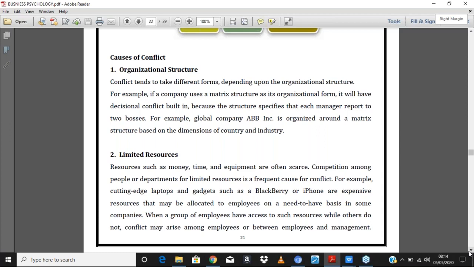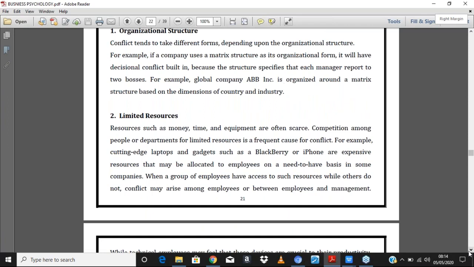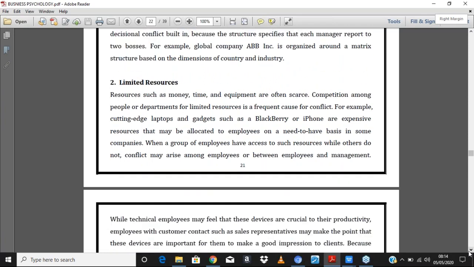They also have limited resources. Okay, resources such as time, money, equipment. And of course every unit or department or every place in the workplace wants to put in its best.